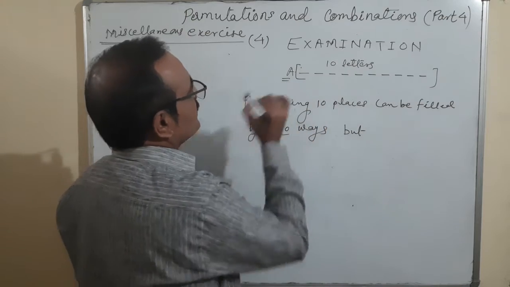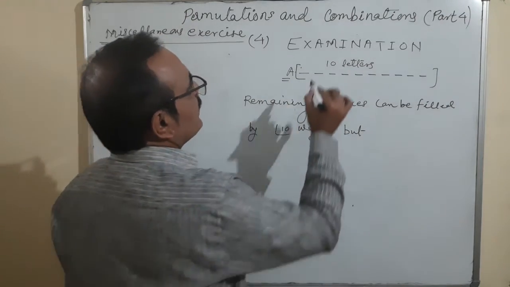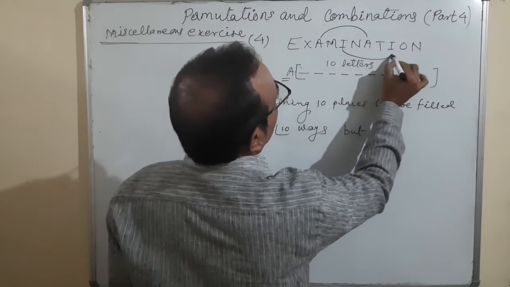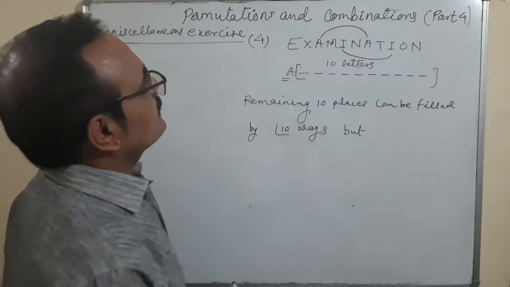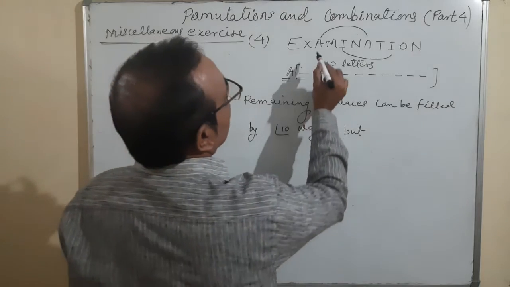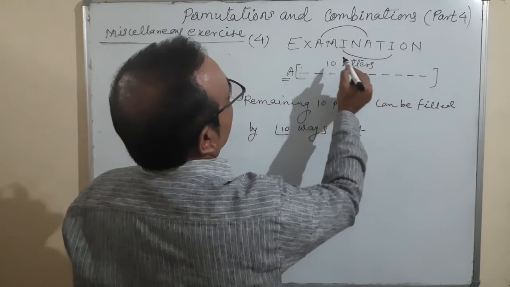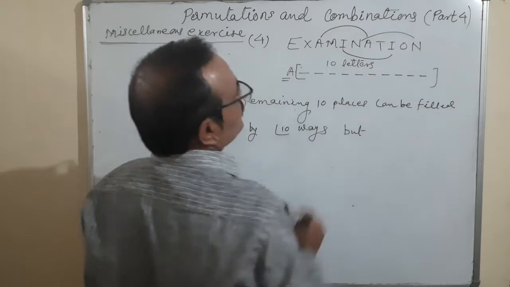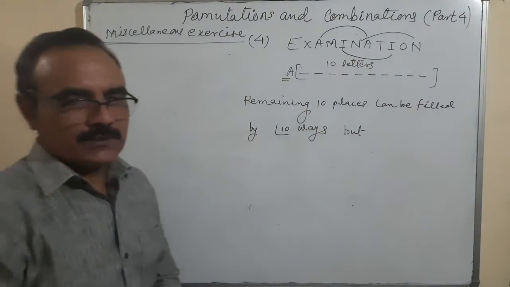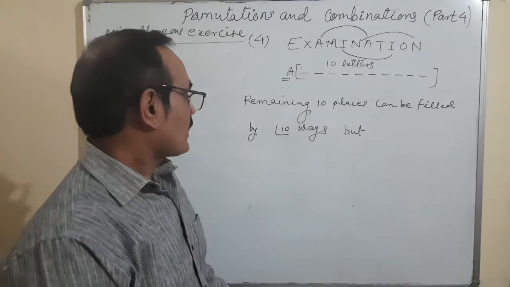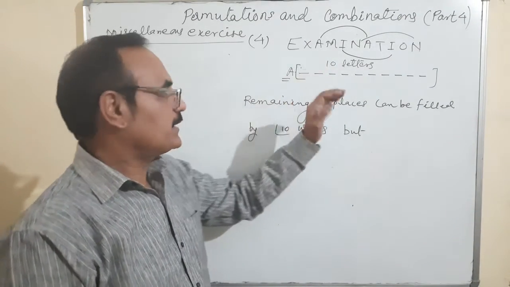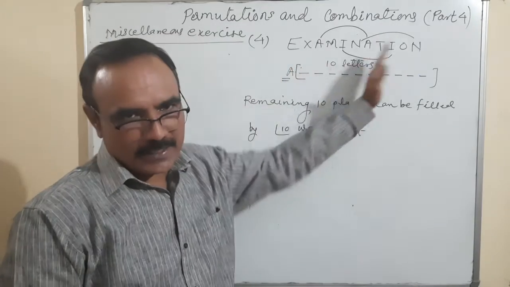But one A is fixed here, so there are two A. Second, there are two I, and two N. These three letters are repeated. But the position of A is fixed, so A is not treated as repeated, because one A is filled here and the remaining A will come here.